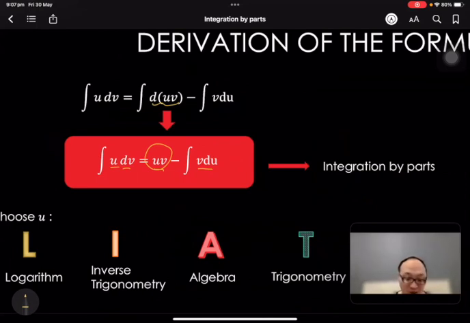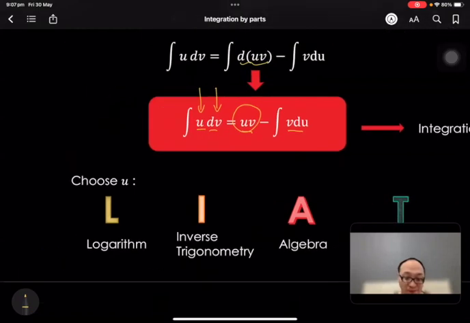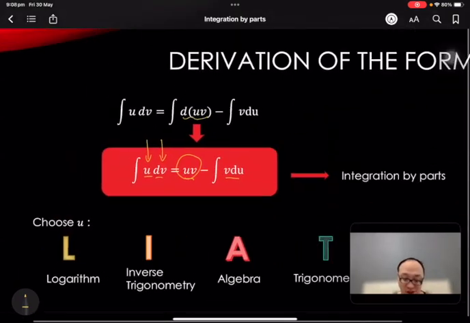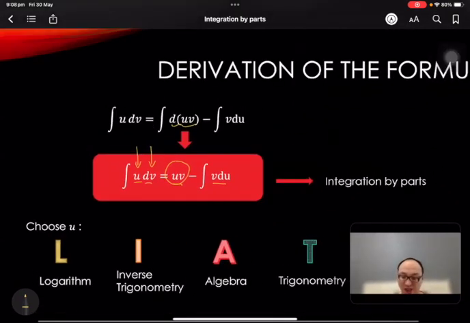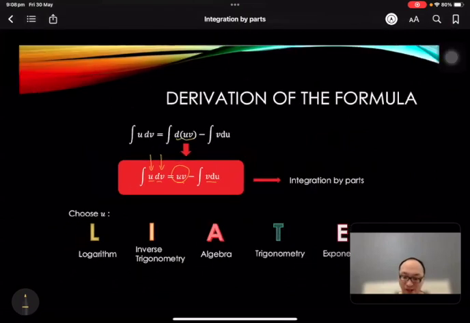So one of the functions must be replaced by u, and the other one should be dv. The question is, how do you choose which function you should express as u? You can follow this method. I give you the method.